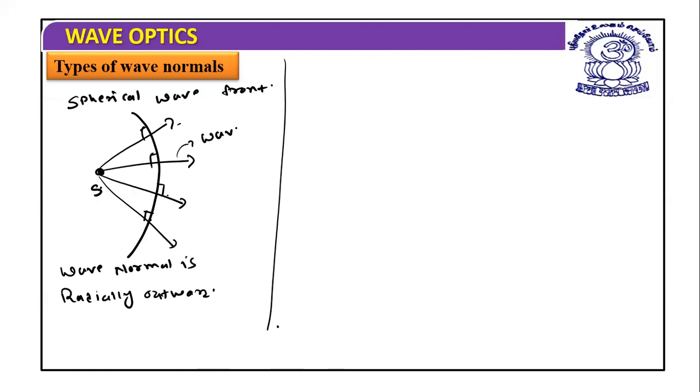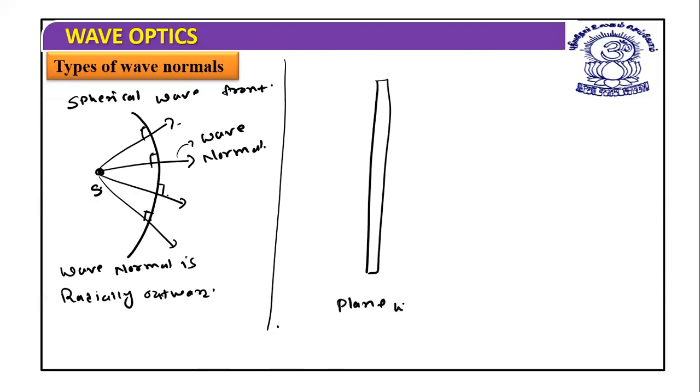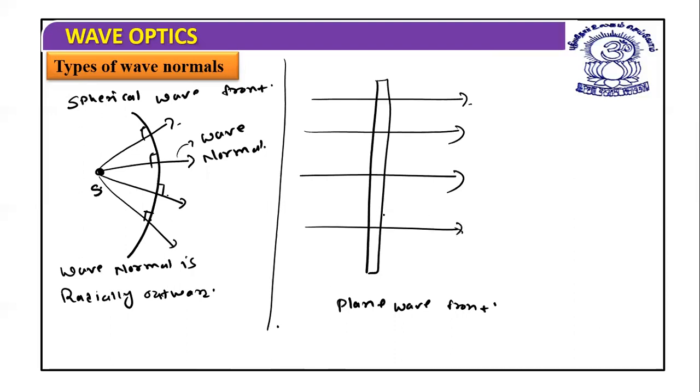These are the wave normals. If we take plane wavefront, so this is the plane wavefront. Then these are the directions of propagation.